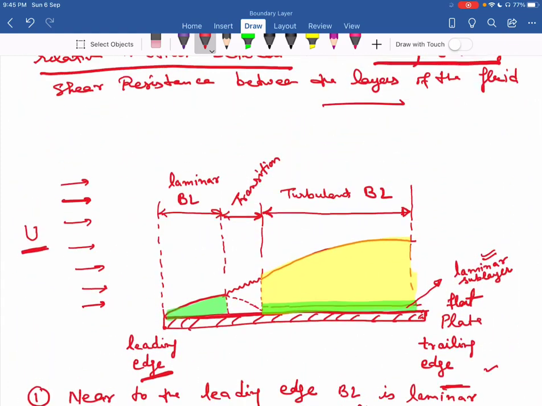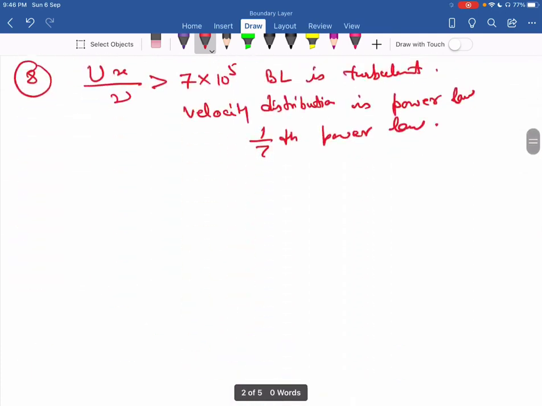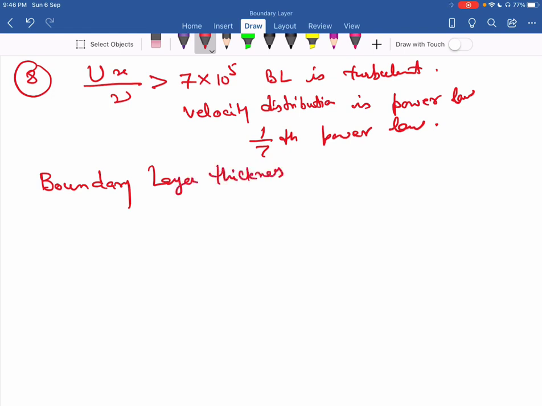Now we see how we measure the boundary layer thickness, which we call delta.